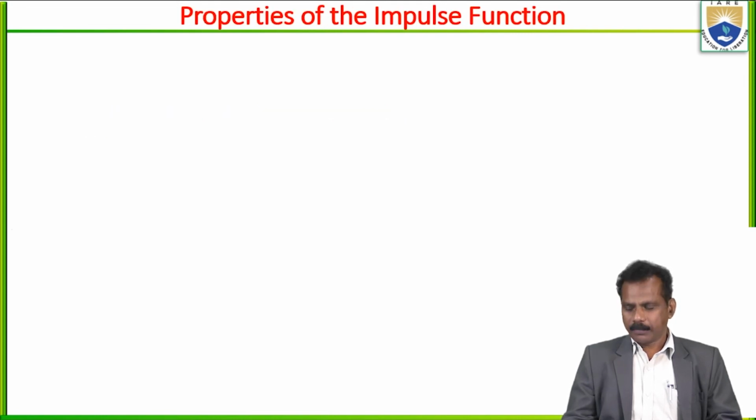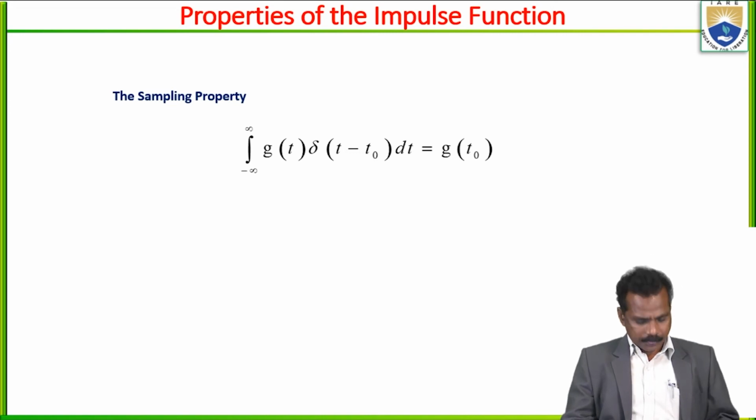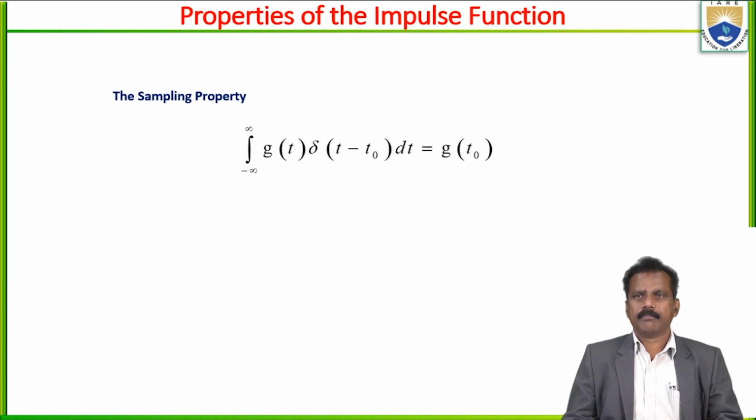What are the properties of the impulse function? The sampling property: the integral from minus infinity to plus infinity of g of t times delta of t minus t naught dt is equal to g of t naught.